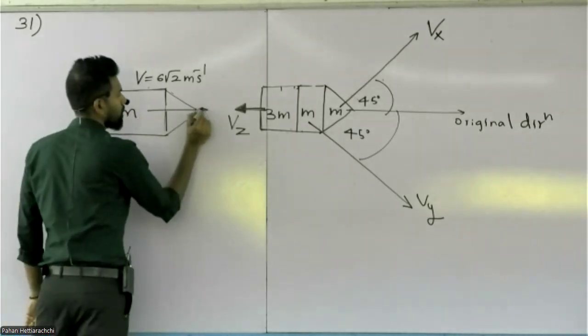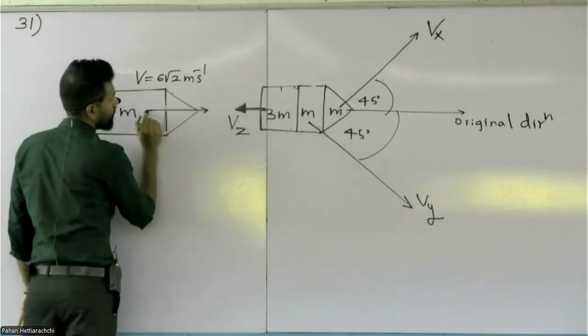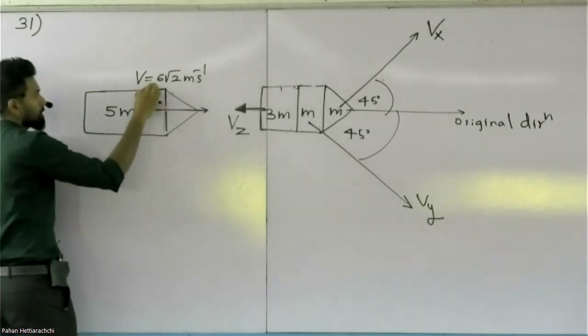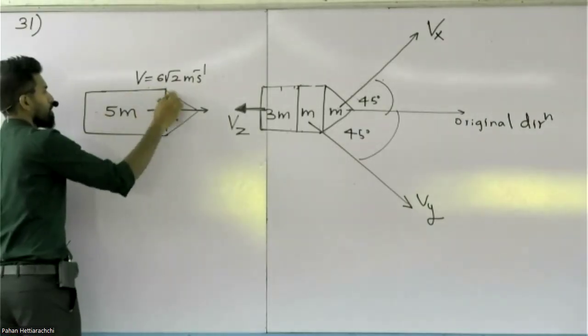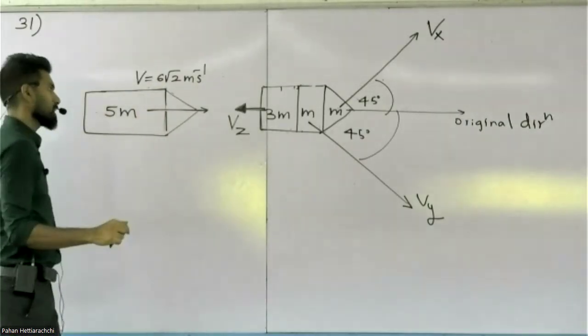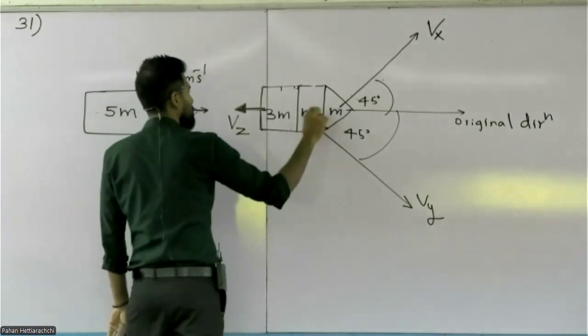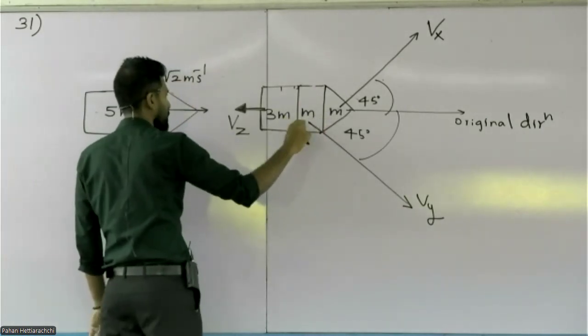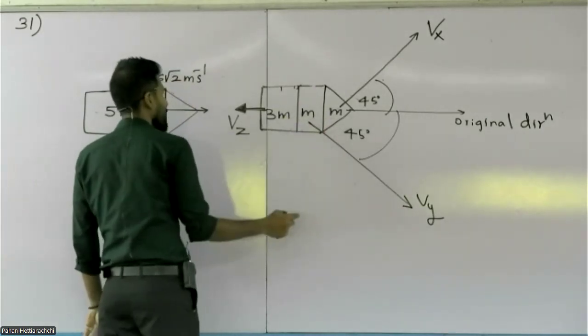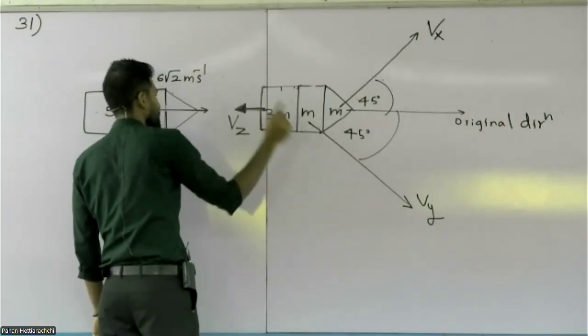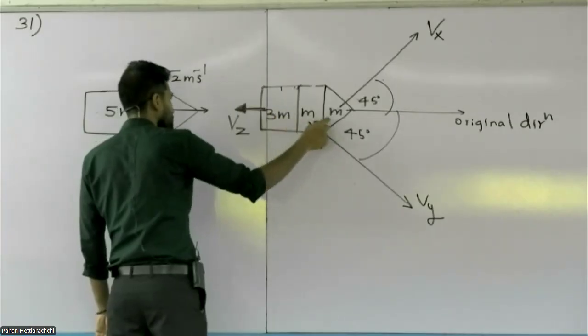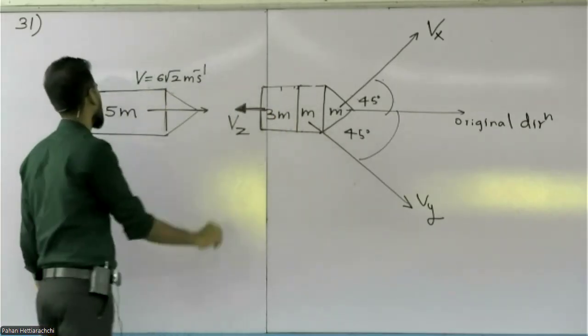Initially, the rocket is moving in a certain direction with a velocity of 6√2 meters per second, and I have taken the complete mass as 5m. Now it has exploded into 3 parts. There are 2 smaller fragments with the same mass, m and m, and the larger fragment has 3 times the smaller one, 3m. Altogether 3m plus m plus m is 5m, so the mass matches the initial mass.